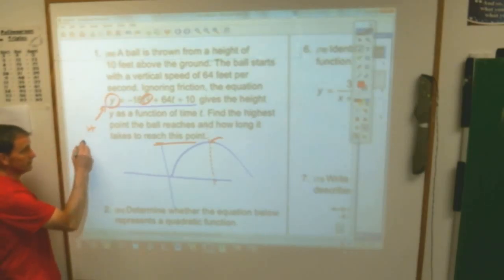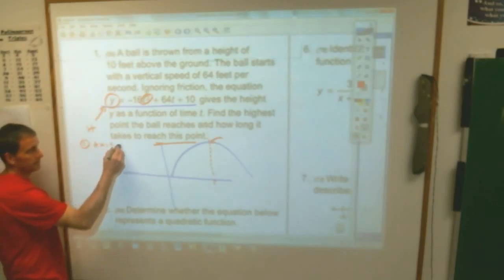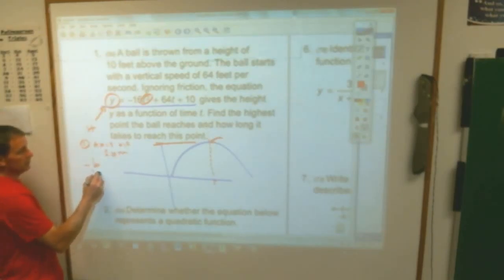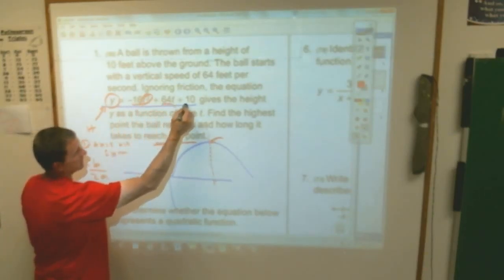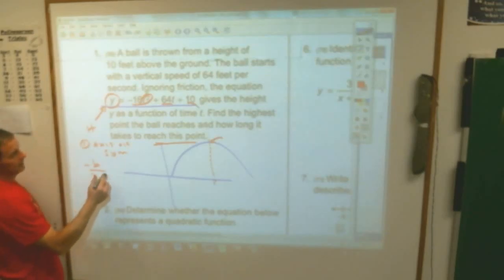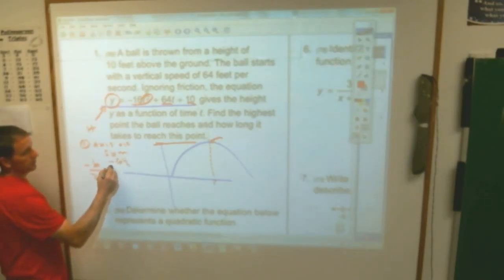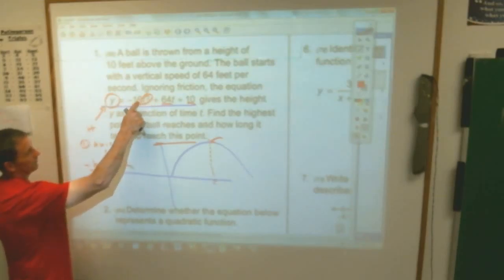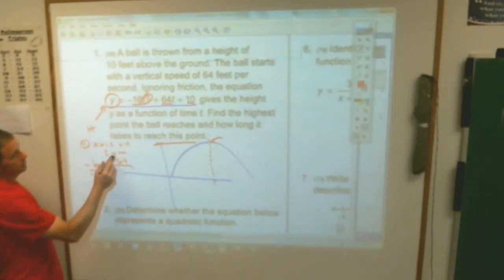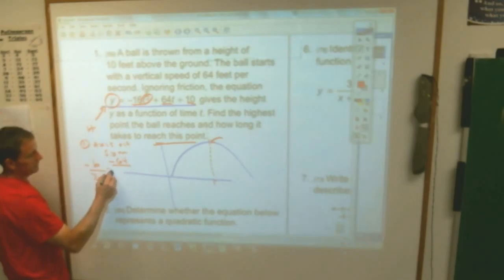Number one, you are going to find the axis of symmetry, which means it's at negative b over 2a. Here's your a, there's your b, there's your c. Negative b is negative 64 over 2 times negative 16.